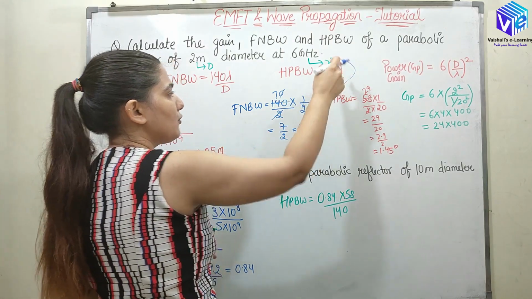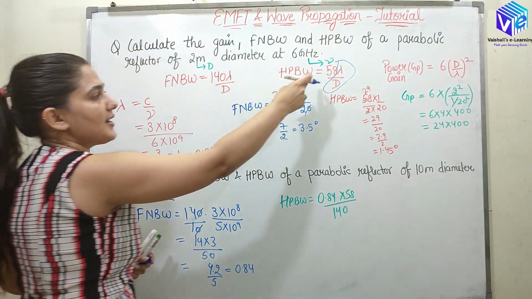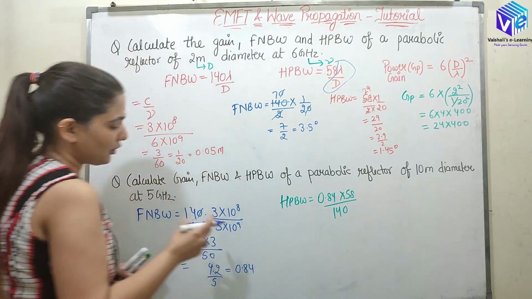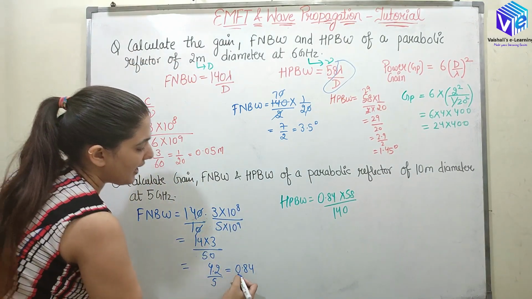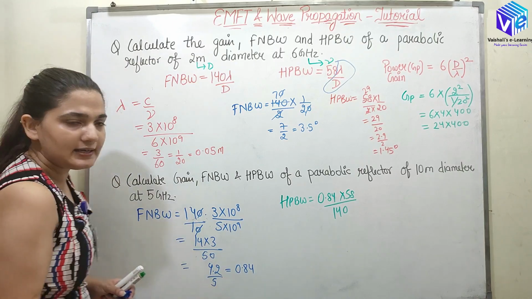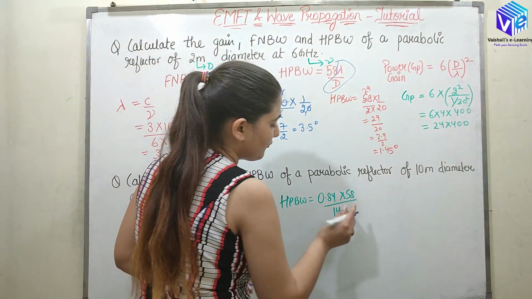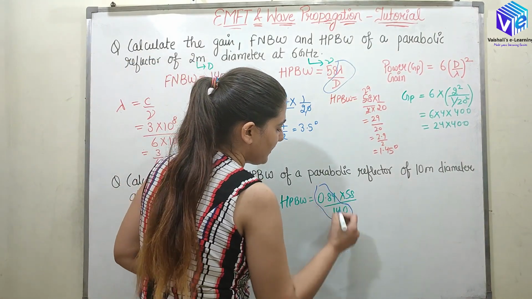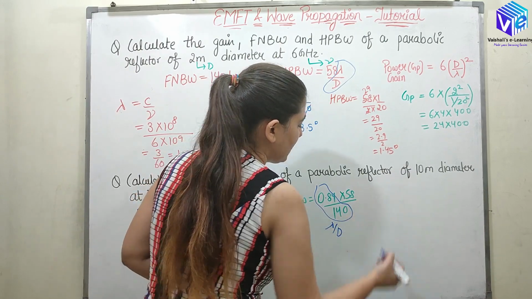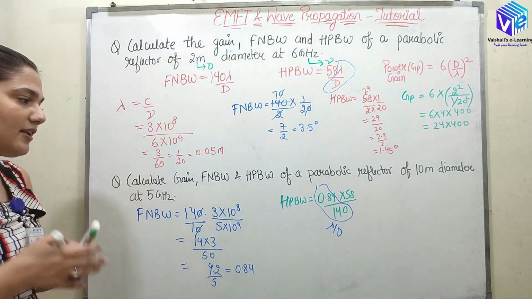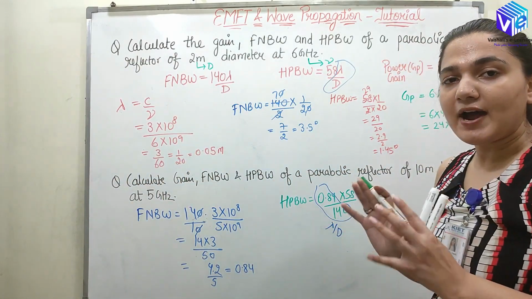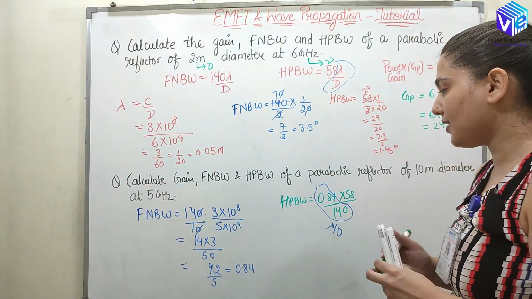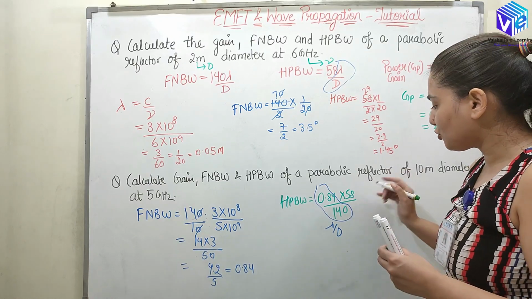So we found out what lambda upon D is and multiplied it with 58. What is lambda upon D here? If I divide this by 140, I will get lambda upon D. So 0.84 upon 140 is my lambda upon D. I will be multiplying it with 58. You can find the answer and put it in the comments, or if you are finding any difficulty, you can comment and reach out to me as well.